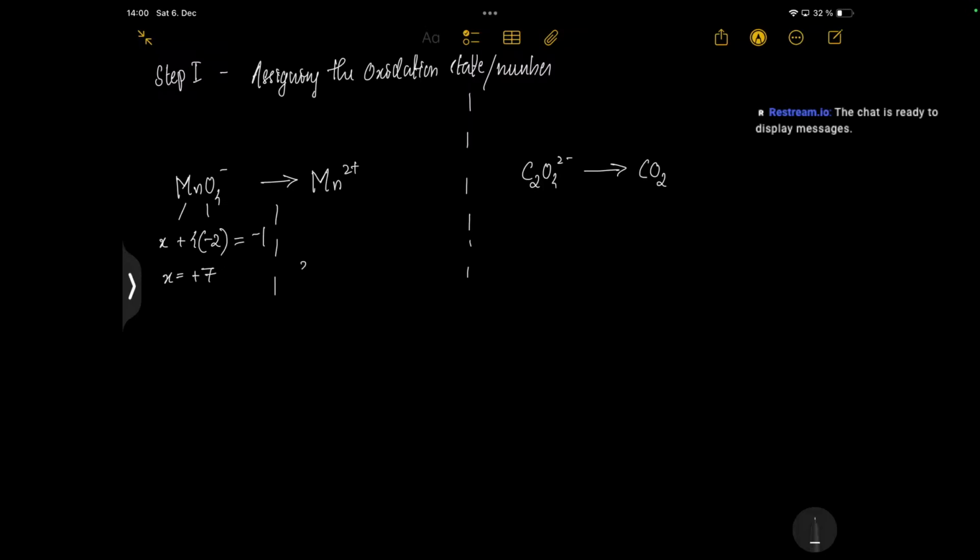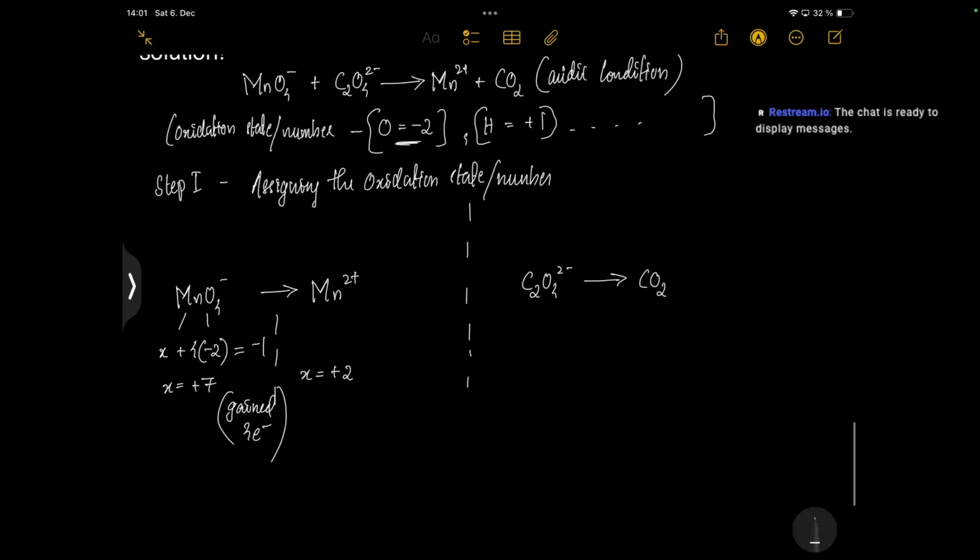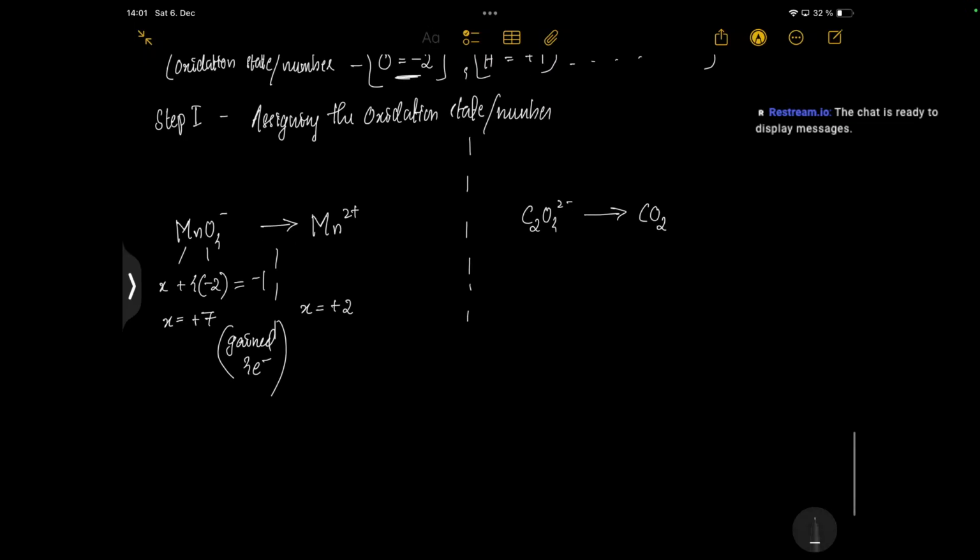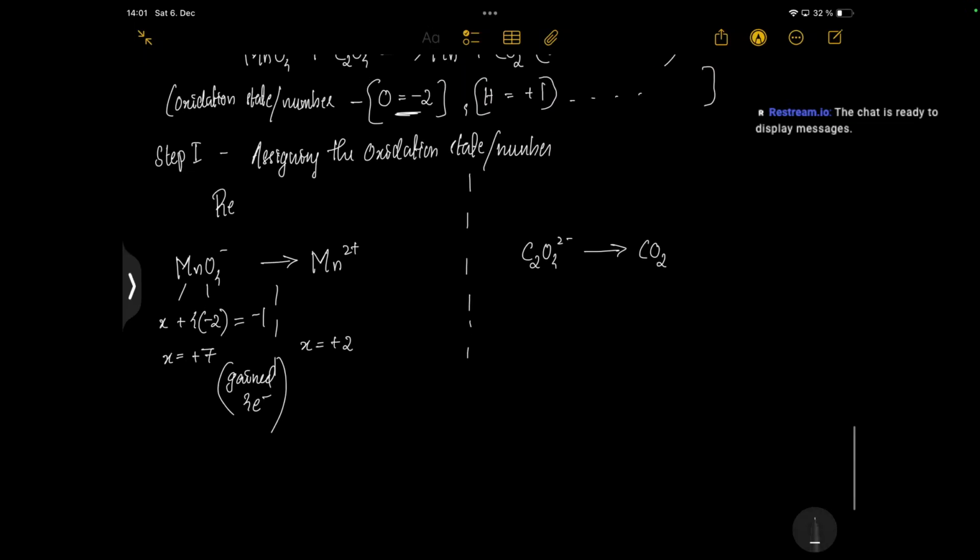Here manganese has +2, so it has only lost 2 electrons. That means it gained 5 electrons after becoming the product.